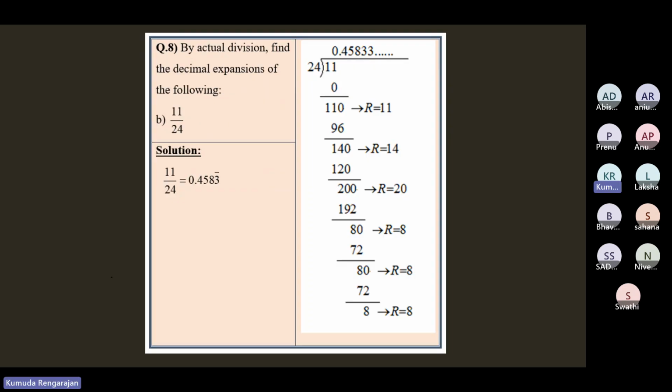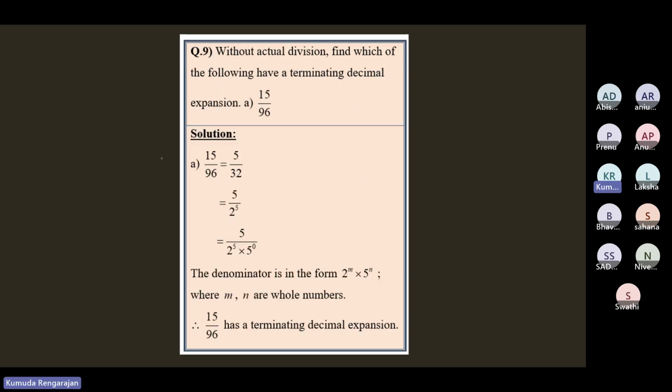Children, I'm not explaining all this because you all know division, so I don't have anything to say. Okay, then without actual division, find which of the following will have a terminating decimal expansion. If you've forgotten, I'll just explain again.